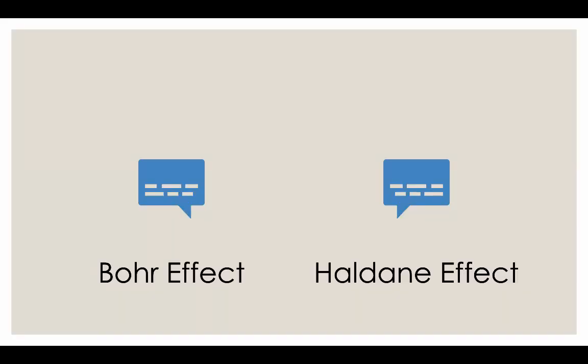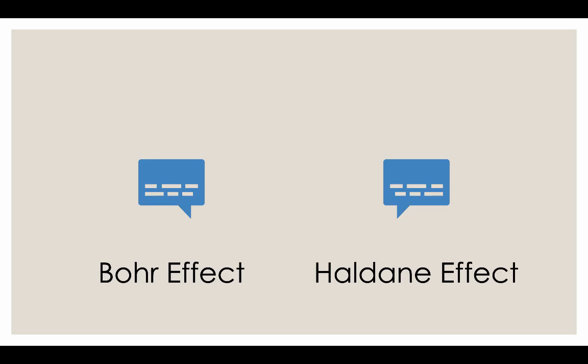And how easily this happens, we talk about the Bohr effect and the Haldane effect. The Bohr effect has to do with oxygen. The Haldane effect has to do with carbon dioxide. We're not going to get into it here. You can click on that ventilation video for a more in-depth look at these two effects.